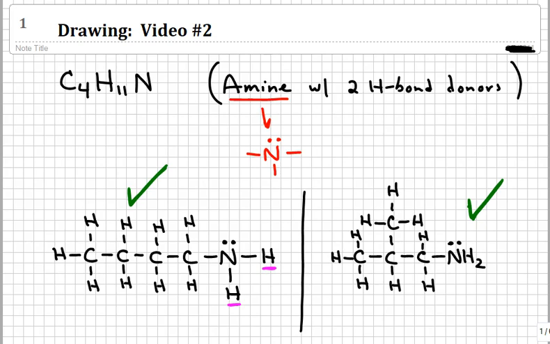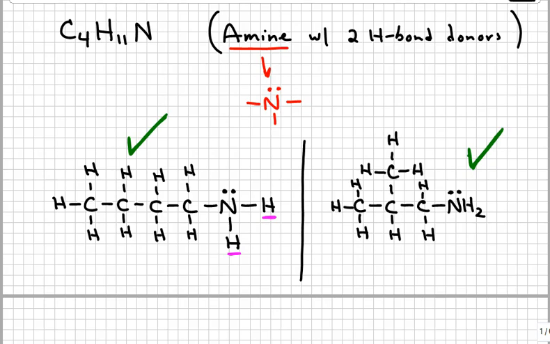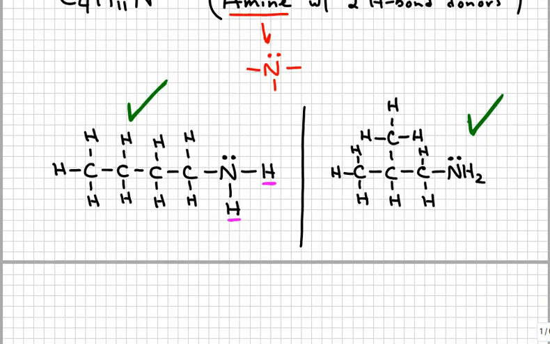Well, what about this? What if the formula was not C4H11N, but what if it was C4H9N? And then you still need to have the same criteria. It's an amine with 2 hydrogen bond donors.